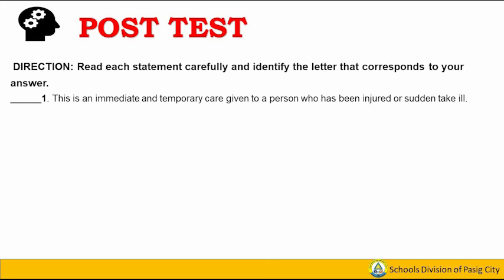Number 1. This is an immediate and temporary care given to a person who has been injured or suddenly taken ill. A. First aider. B. First aid. C. Ambulance. D. Clinic.